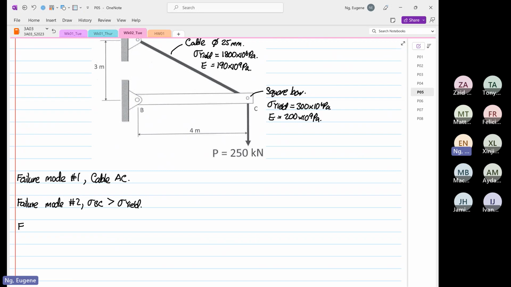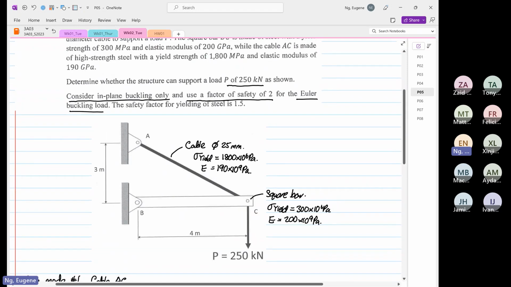In fact, I do apologize, it's not stress yield, it's stress yield divided by 1.5, because of the factor of safety. Okay, factor of safety is 1.5.